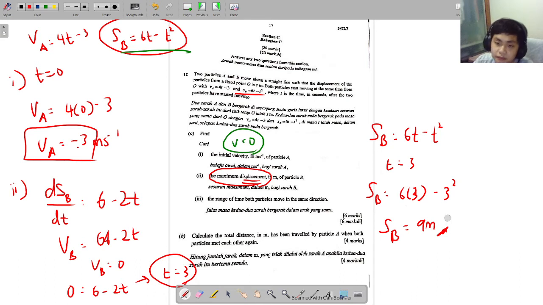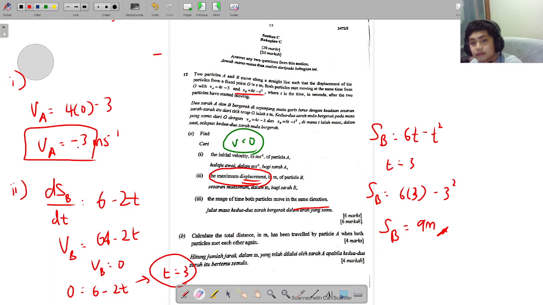Right. So find the range of time where both particles move in the same direction. If you want to move in the same direction, it would mean that your velocity would have to be the same. To have the same velocity, or at least the same manner of velocity... I'm just going to erase this space first because I'm going to need it.